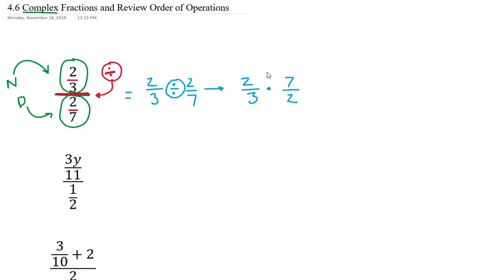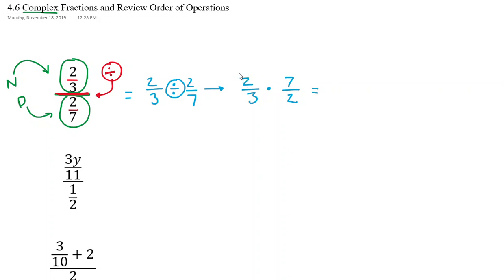All right, now we already knew this. This isn't new information. So 2/3 times 7/2, and then we can do this like a normal multiplication problem. And I'm going to skip the step where I talk about how you multiply the numerators together, 2 times 7, and the denominators together, 3 times 2, and then you reduce the fraction, because notice that they both have a 2 in them, right?